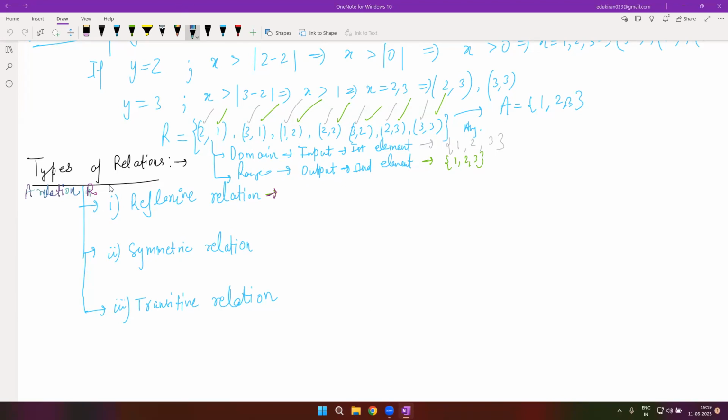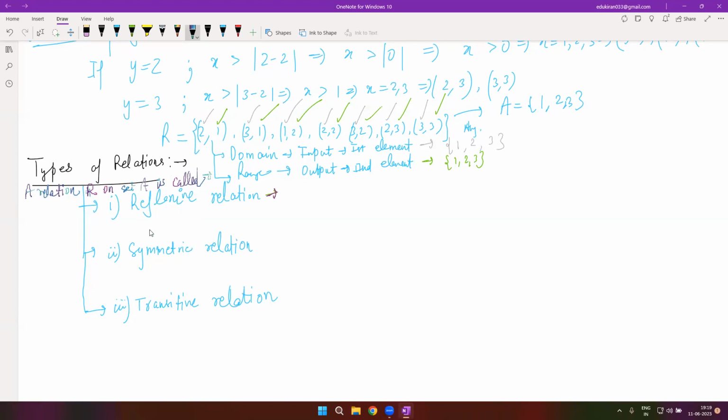So in this case, a relation R on set A is called, you should write this line before starting the reflexive relation or symmetric or transitive. So we are talking about a relation R, which we have formed on a particular set.